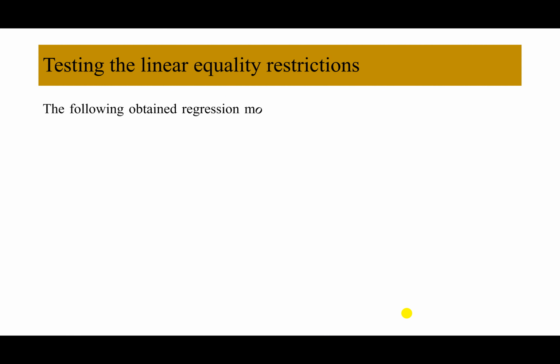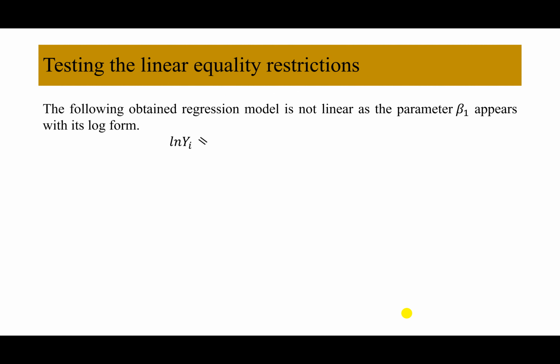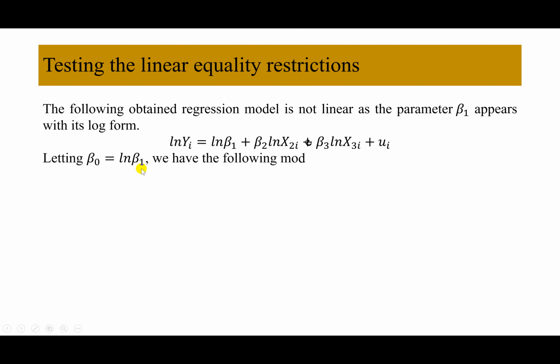The following obtained regression model is not linear, as the parameter beta 1 appears with its log form. Letting beta naught equal to log beta 1, we have the following model: log yi equals beta naught, in place of log beta 1, plus beta 2 log x2i plus beta 3 log x3i plus ui.